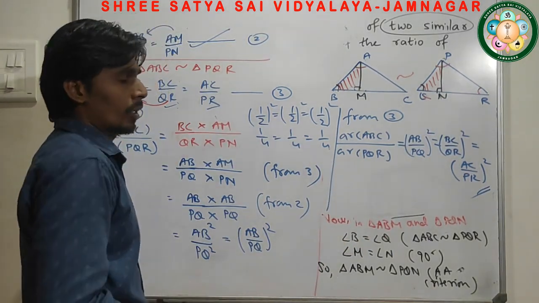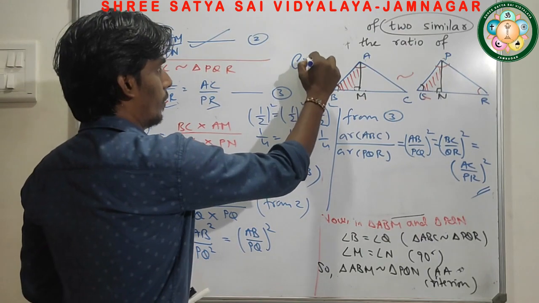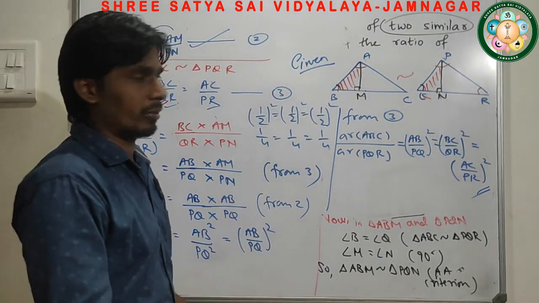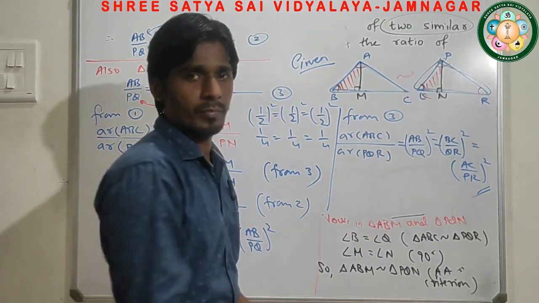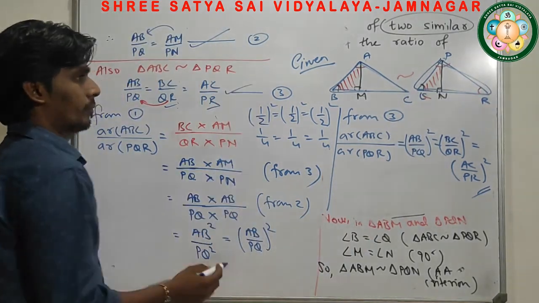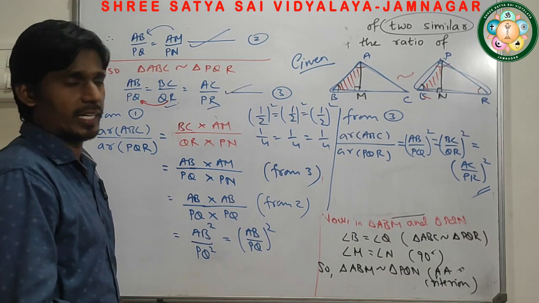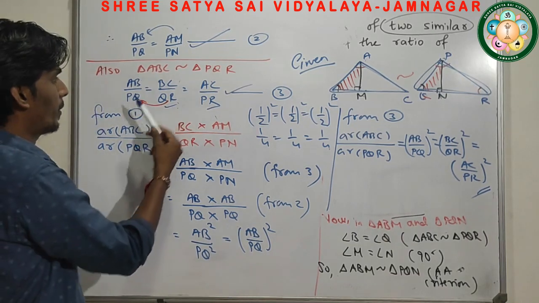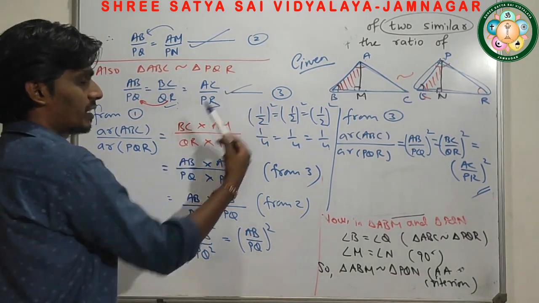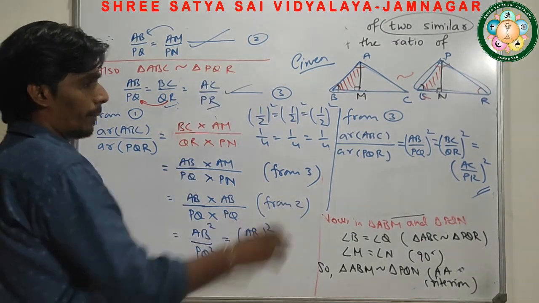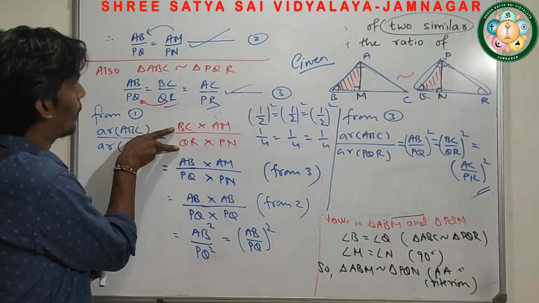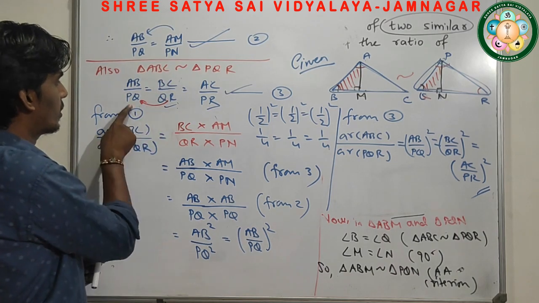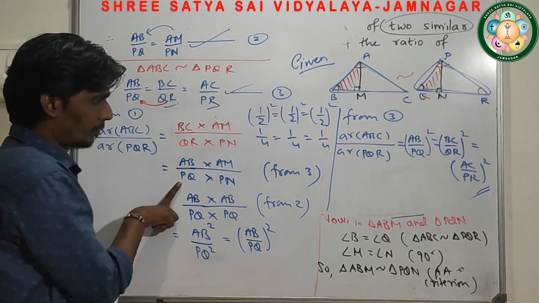Then the third part we have to write from the given, as already ABC and PQR are similar triangles, we know this ratio. The ratio of the corresponding sides are equal. So AB upon PQ, BC upon QR and AC upon PR. And then we need to combine all these ratios, this formula, then we replace this BC upon QR with AB upon PQ.